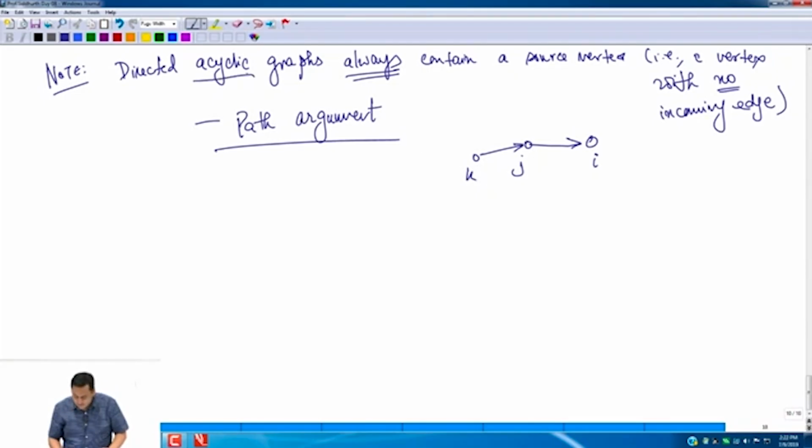The acyclicity means that at no point will you get back to I, because that would be a cycle. This cannot happen. There's a finite number of vertices. At some point your efforts will succeed, hard work will pay off, and you will have reached a source vertex, a vertex where there is no incoming edge.